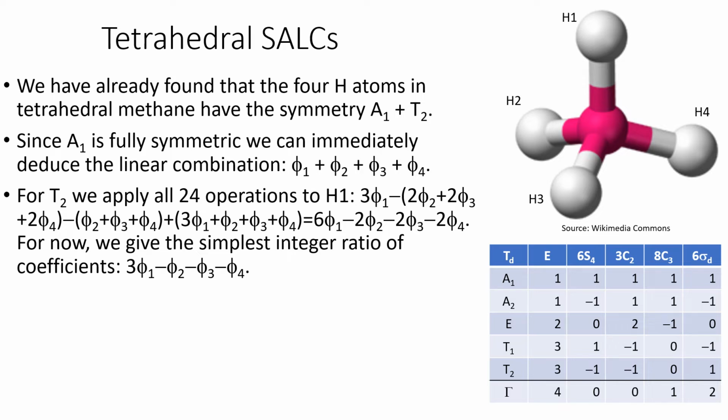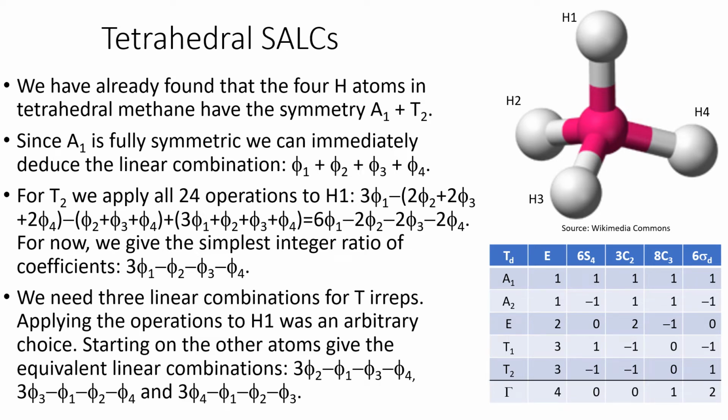So the absolute numbers, we can tweak those later on. As I say, it's just the relative values and the signs that matter. So expressing them in terms of the simplest integer ratio, this would be 3 phi 1 minus phi 2 minus phi 3 minus phi 4.